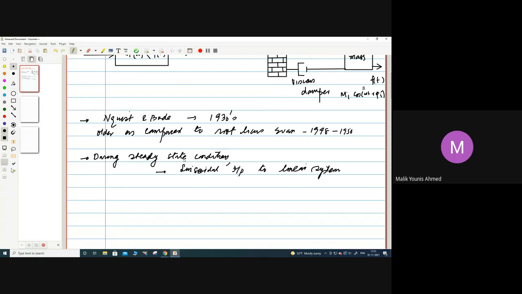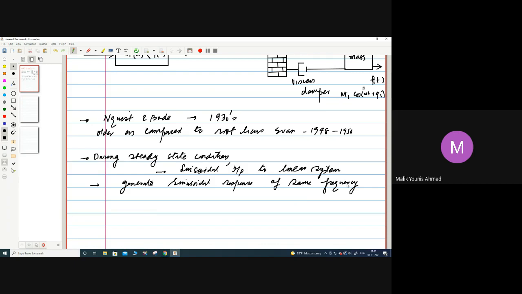They will also generate sinusoidal responses of the same frequency. So the frequency will also remain the same.